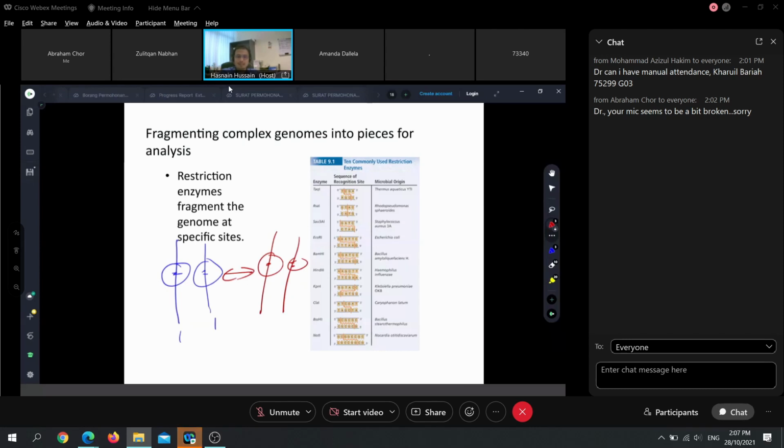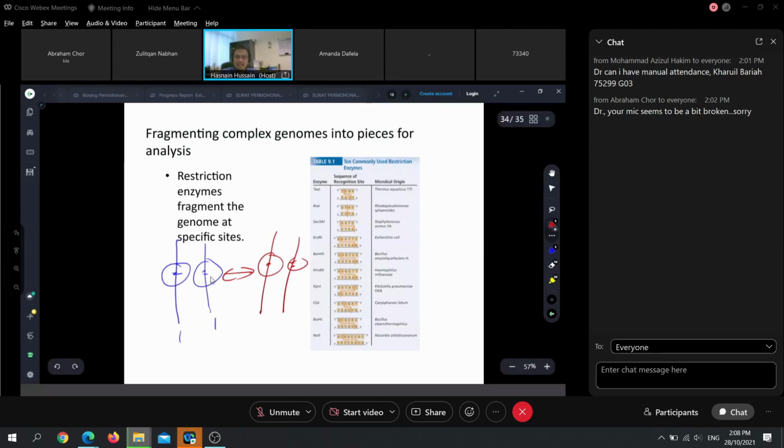Polymorphism can be because of differences in repetitive number, if you recall the microsatellite and minisatellite, and even the single nucleotide polymorphism, whereby the difference is only at that particular position, between AT and GC. That will be polymorphism, and variation.